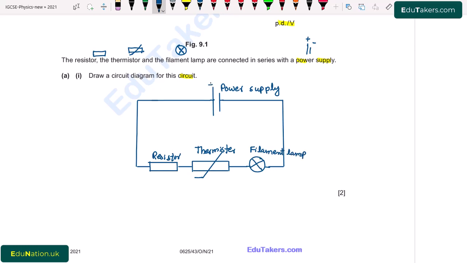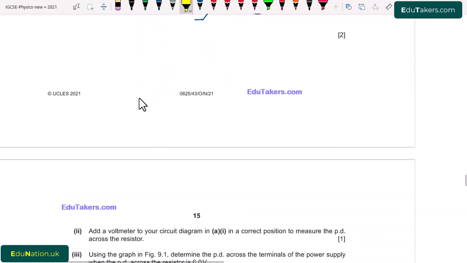Here we can see that this is the power supply and three components, resistor, thermistor and filament lamp, are connected in series because there is only one path for the flow of current.